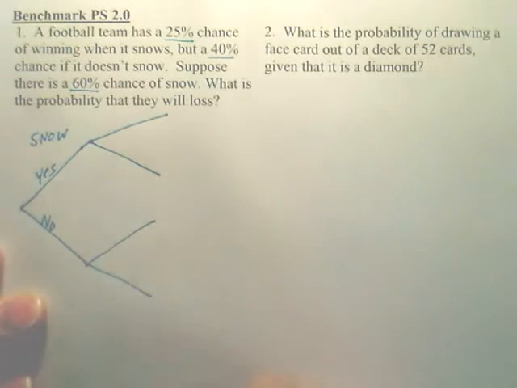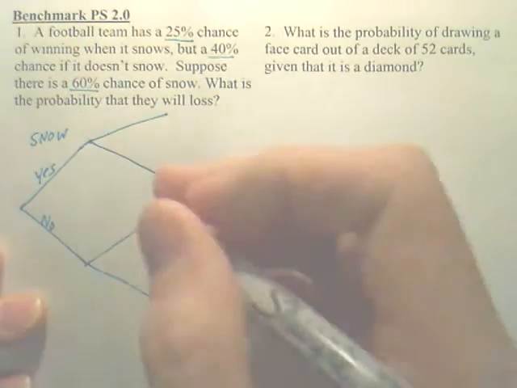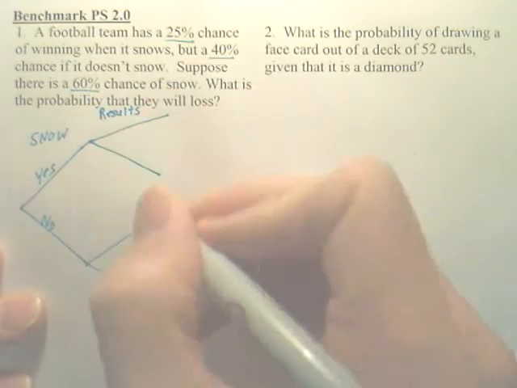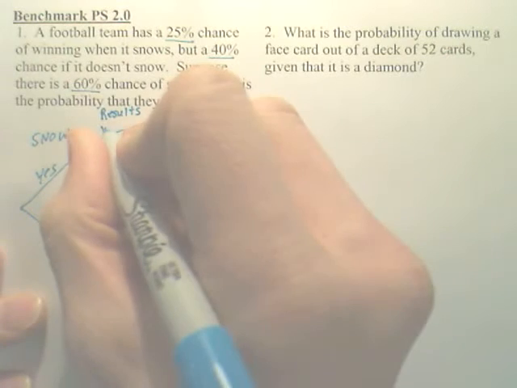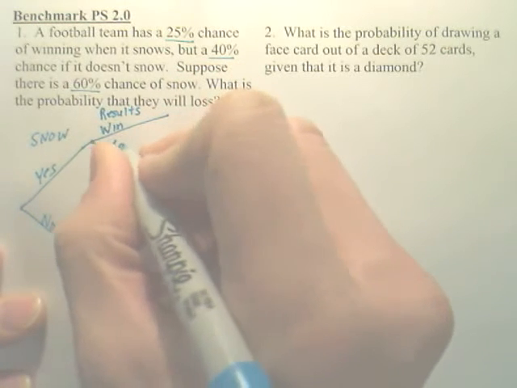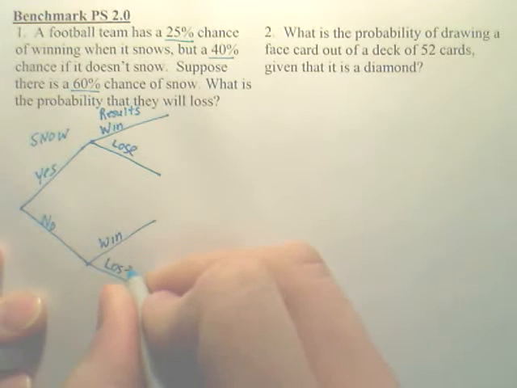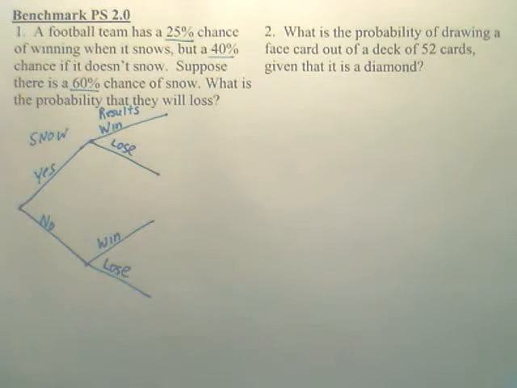Yes or no? The second event is a game. And it's what's the results of the game? Do they win or do they lose? Depending on if it snows or not, there's also a different chance of whether they will win or lose.